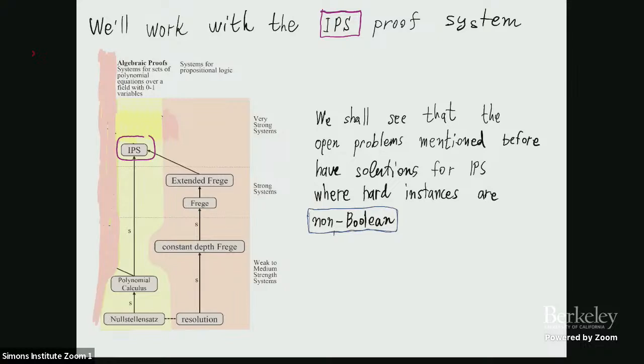So here are the systems for propositional logic: resolution, constant depth Frege, extended Frege, and an arrow means one is stronger than the other. These go from weak to strong, and extended Frege is very strong. And in this yellow region are proof systems for propositional logic but also for algebraic systems of equations over a field with 0-1 variables. These are Nullstellensatz, polynomial calculus, and IPS.